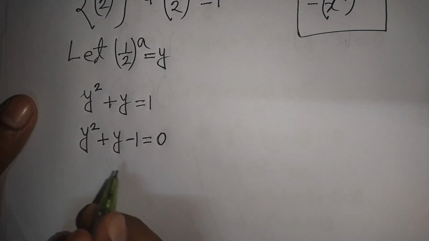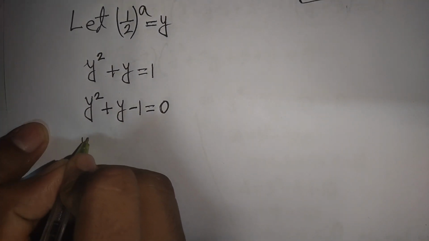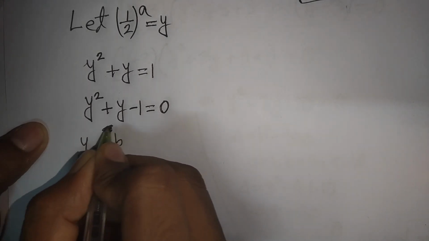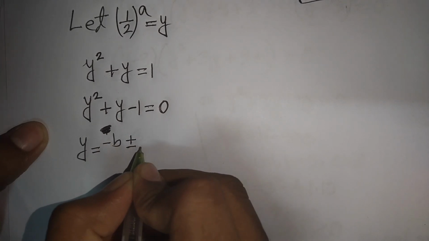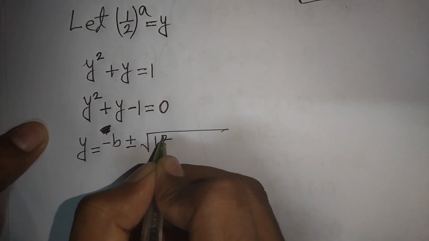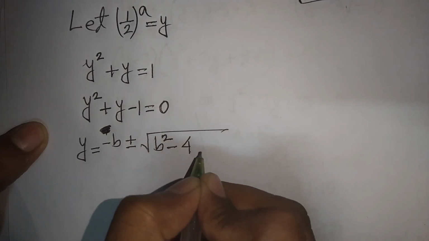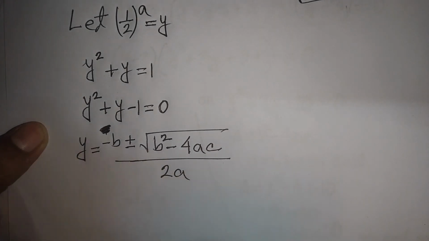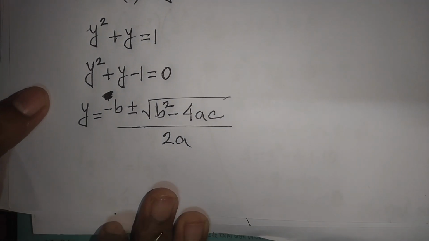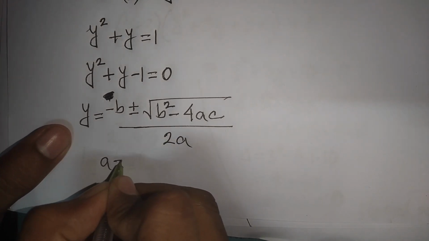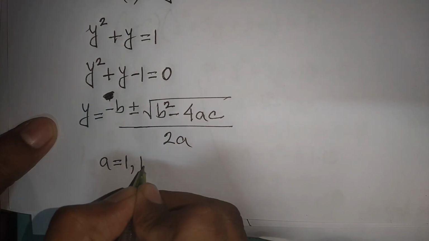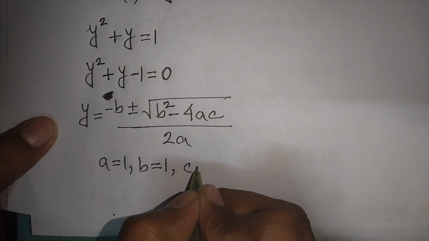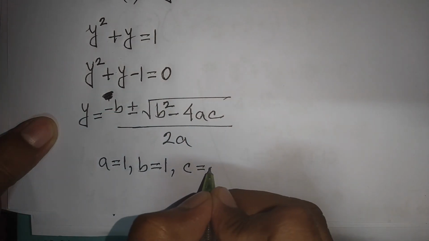Now here you can apply the quadratic formula, so you can write y is equal to minus b plus or minus a square root of b square minus 4ac, divided by 2a. Here a will be equal to 1, b will be equal to 1, and c will be equal to minus 1.